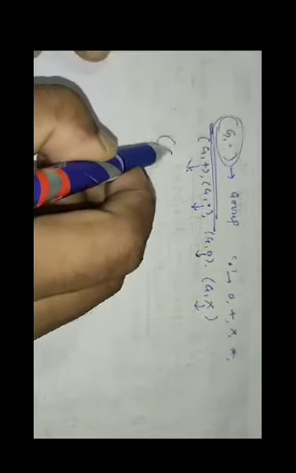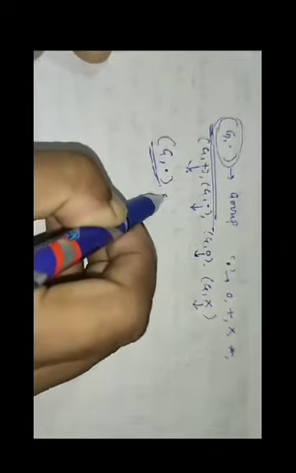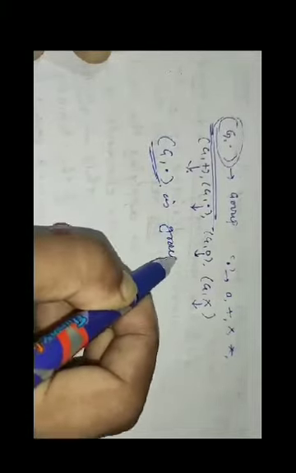So friend, this G dot is a group if it satisfies four properties. First, for all A, B, A dot B must belong to G. Second property, for all A, B, C, taking three elements of G, A dot B dot C is equal to A dot B dot C, that is associative.